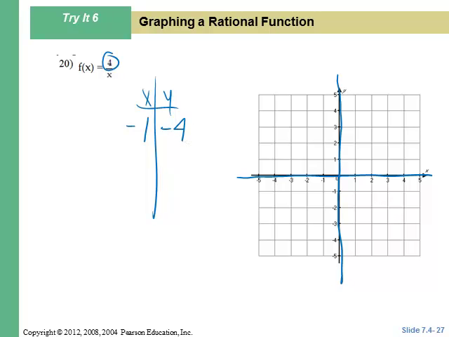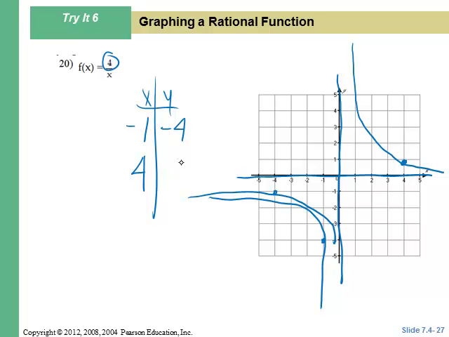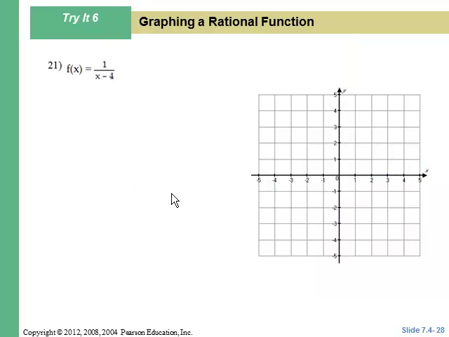So back 1, down 4 is one of the points. Oops, we didn't quite turn the corner quick enough there, did we? And same thing we drew over here. So I'm guessing positive 1 will be positive 4.